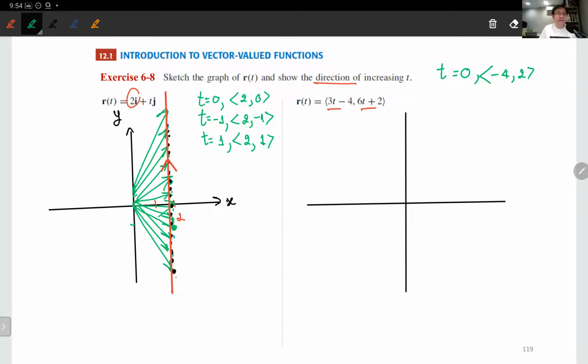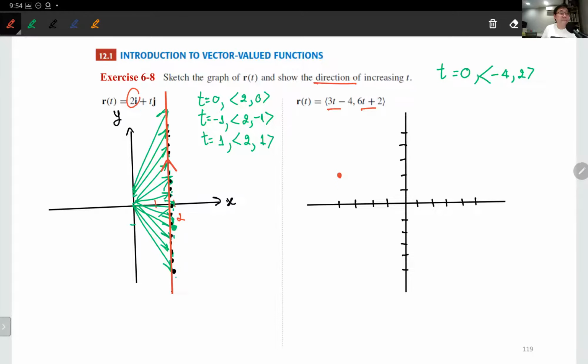Ooh, so it's (-4, 2) somewhere. So it's going to be maybe 1, 2, 3, 4. Just to give you some scale right here, 1, 2, 3, 4, 5, on and on. So at t equal to 0 is (-4, 2), and I can place a dot right here: negative 4, 1, 2, 3, 4, and 2 is right here.